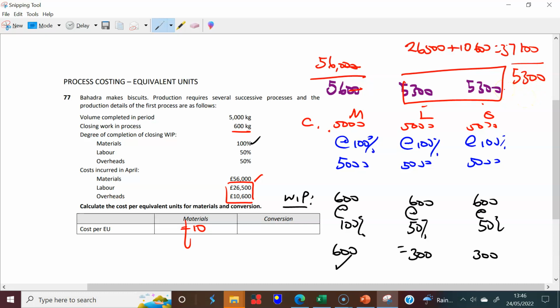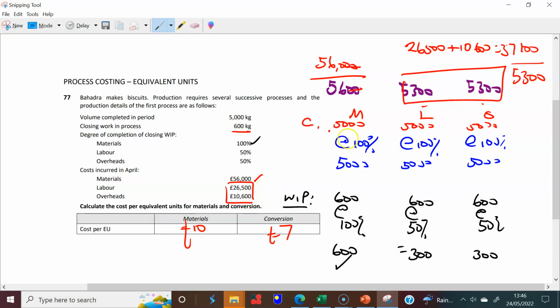37,100 divided by 5,300 is equal to £7, right? That's the conversion cost per equivalent unit, and that's how we work this.